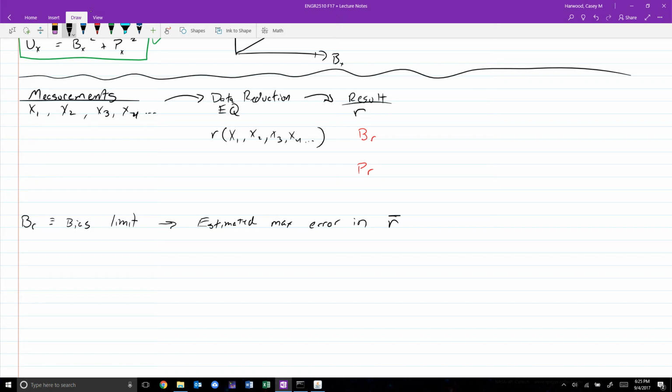We know the average value of R. If we're given 10 values of x1, 10 values of x2, and an equation that turns x1, x2 into R, we can compute 10 values of R. We can go ahead and find R bar and S sub R. That is, again, the sample mean of R and the sample standard deviation in R.